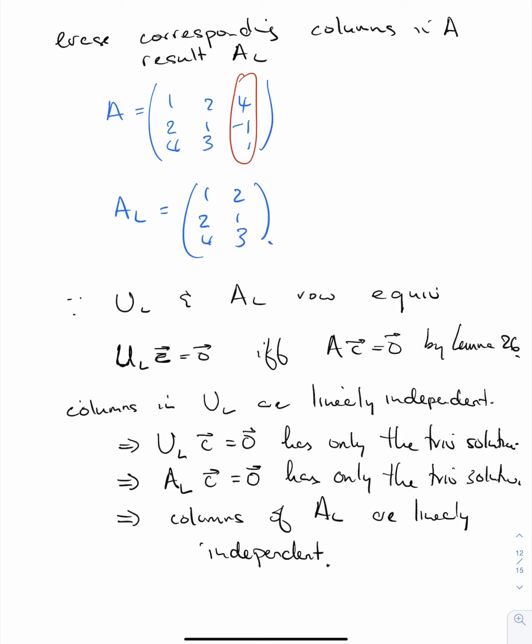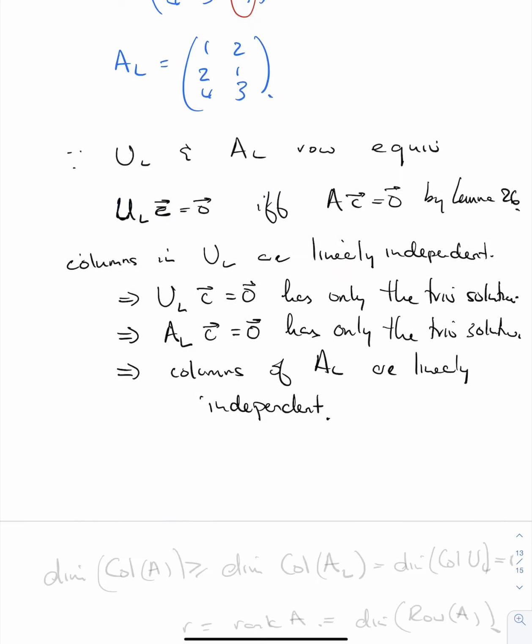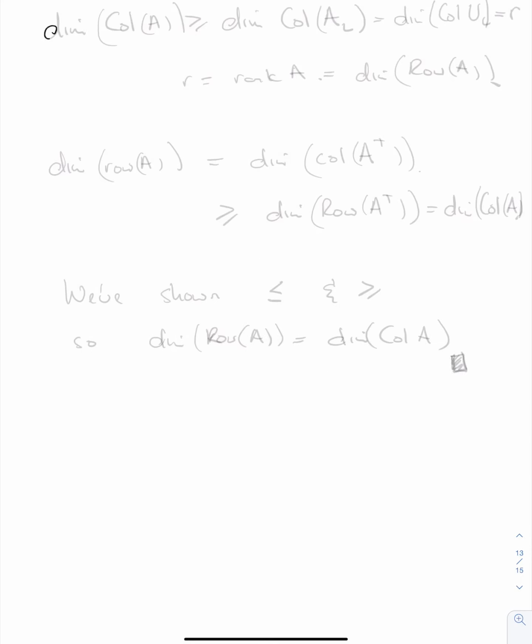Okay, so let's talk about what we have. The dimension of the column space of A is going to be greater than or equal to the dimension of the column space of AL, because we threw out a column to get AL.